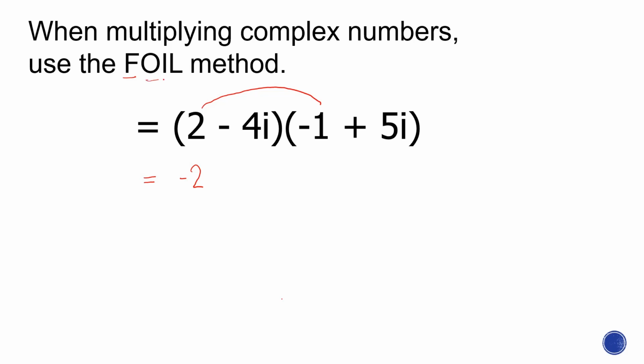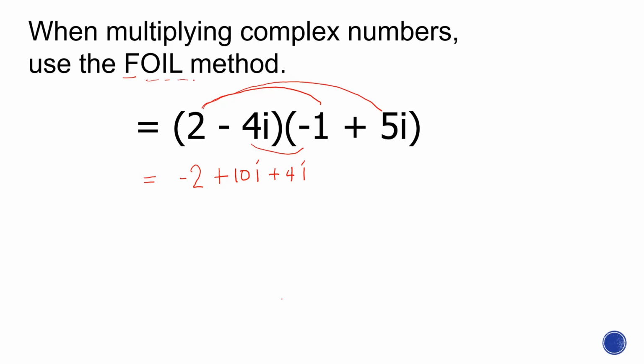And then O stands for the outer terms, that's 2 times 5i, and that will give us plus 10i. And then we will multiply the inner terms, negative 4i and negative 1, that's positive 4i. That's right.